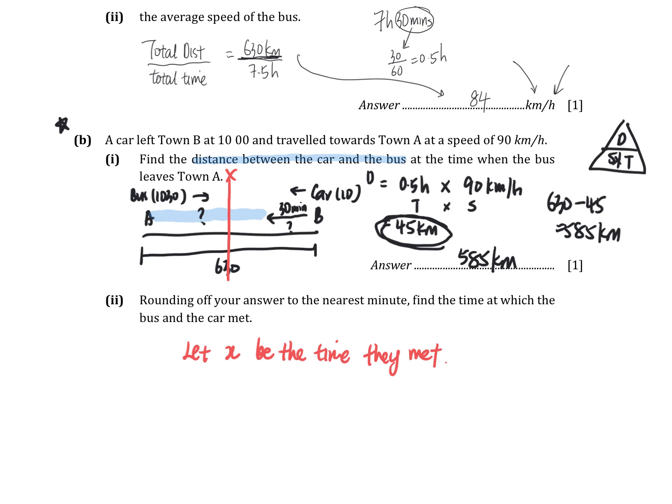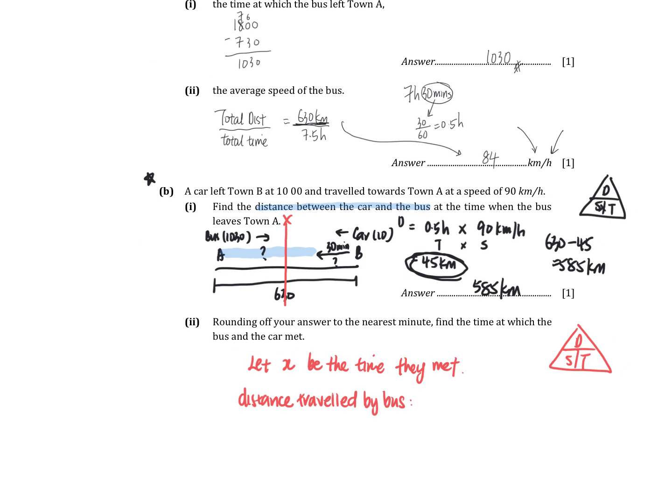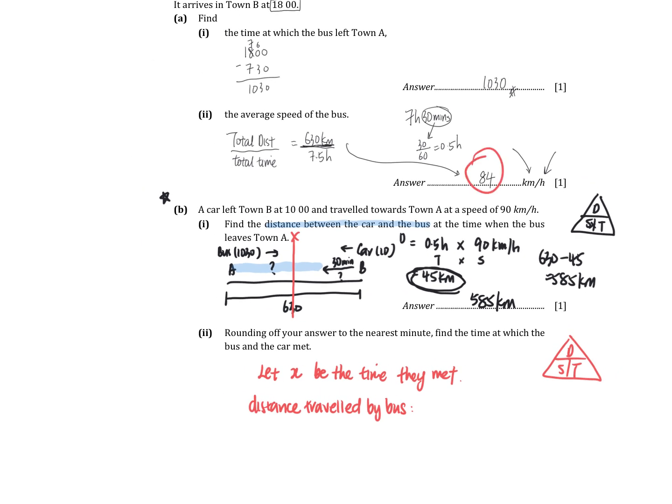Okay. So if this is the time that they have met, I can first find the distance traveled by the bus. So remember, to find distance is speed times time. I already know the speed of the bus.